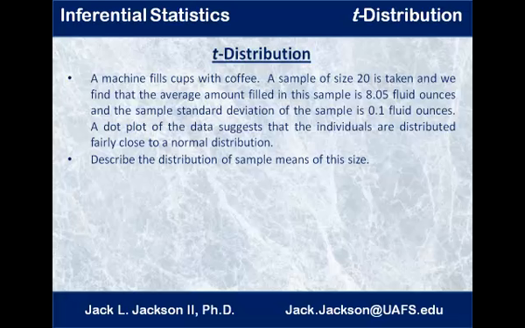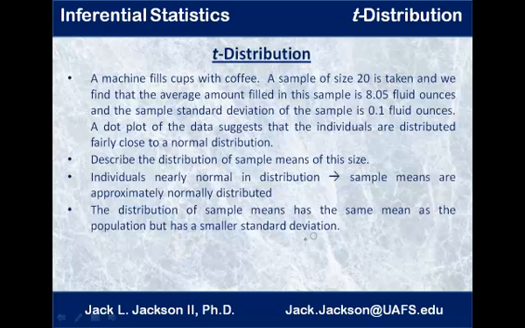So describe the distribution of sample means. Well, I kind of already gave it away. The individuals are nearly normal in distribution, so the sample means are approximately normally distributed. And it's a sample size of 20. That's not above 30, but it's still a pretty big sample size if your original data is fairly close to normal. So we know that the distribution of sample means is pretty much normal.